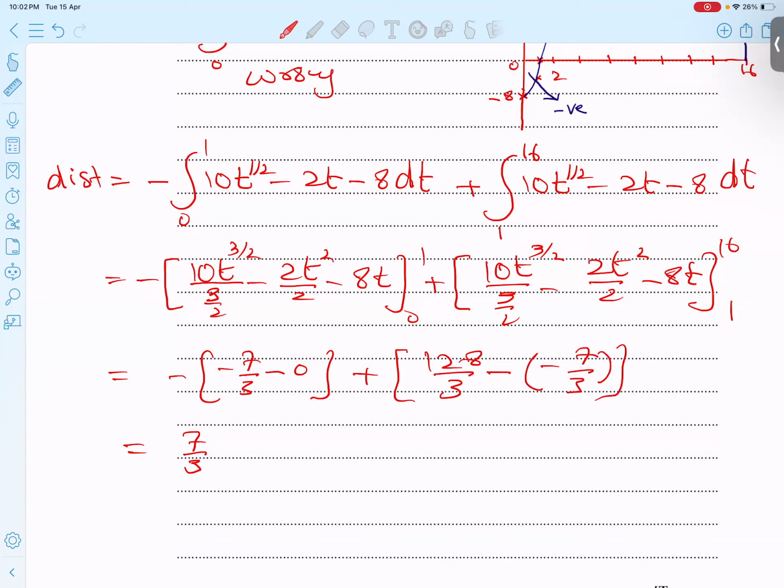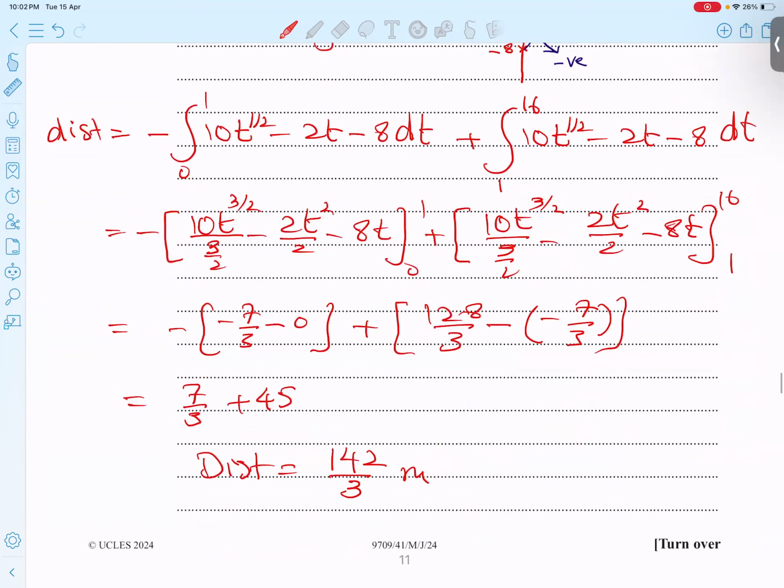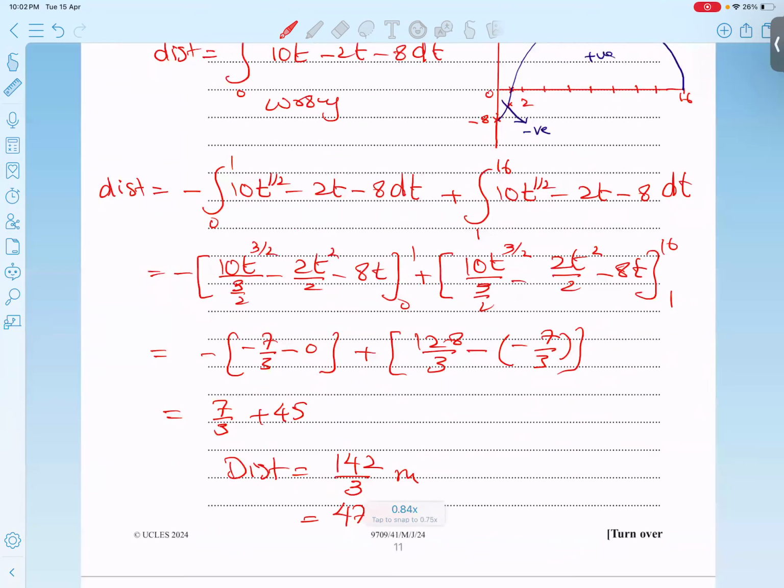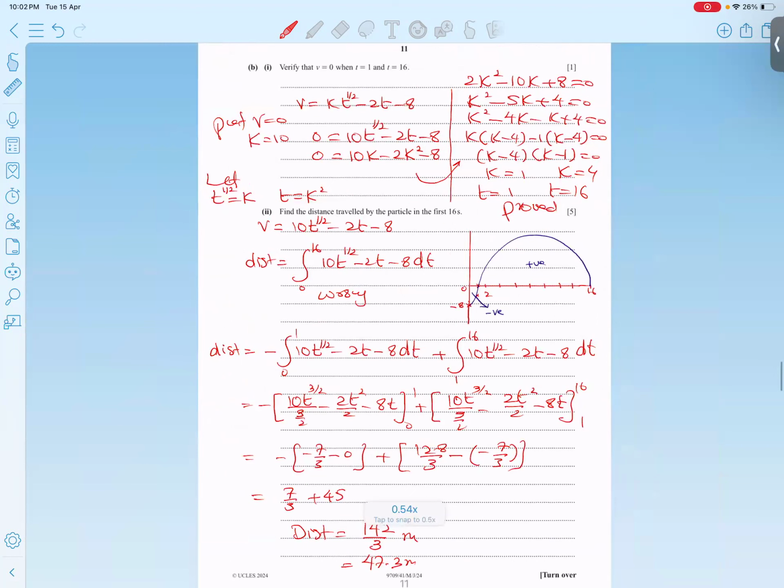So plus 7 over 3, I got here 45, and plus 7 over 3, and I got my answer. So the total distance traveled is 142 over 3 meters. In decimal, it turns out to be 47.3 meters. I believe the point is very clear, and the question is clear. And the main point, I hope you understood well.